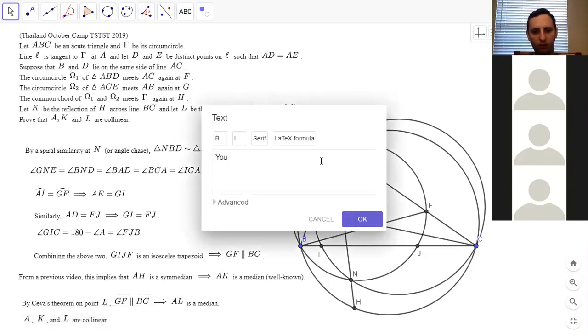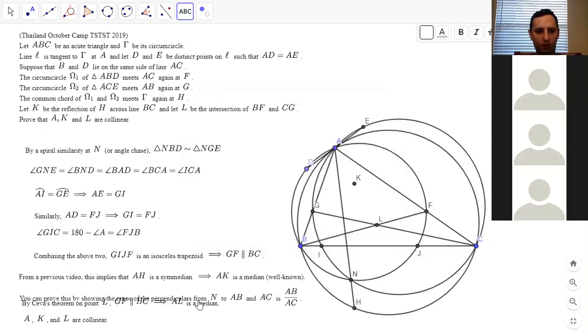You can prove this by showing the ratios of the perpendiculars from N to AB and AC is AB over AC. Okay, so that's how you prove AH is a symmedian.